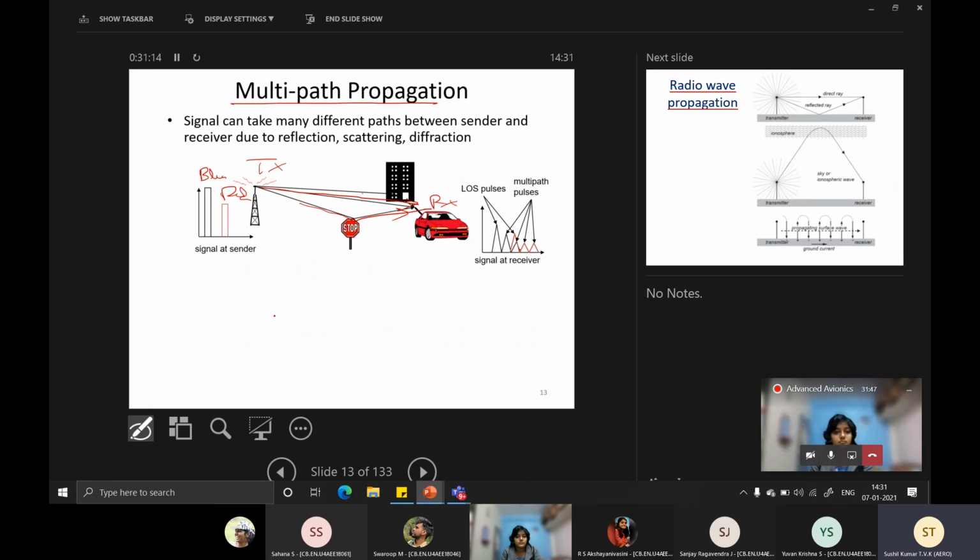This happens, for example, if you are having a radar and there is a mountain or some structure here, you can always have these multipath reflections coming and interfering on the radar screen. So multipath problems are quite severe. Okay, there are some ways to address this issue also. So this in general is about EM wave propagation.